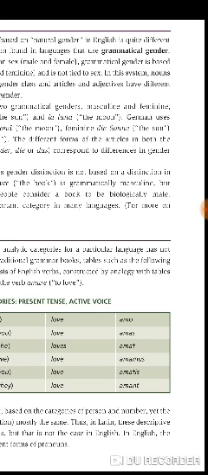Why? Because in English we have only one single thing, the third person singular. That's all. So let us forget about it. We say simply for he, she, or it, we use s at the end of the verb.